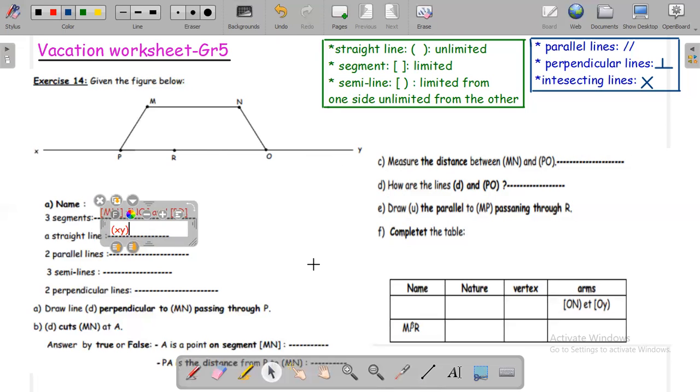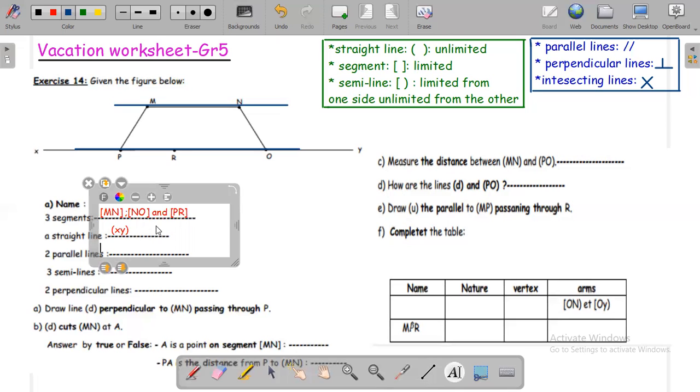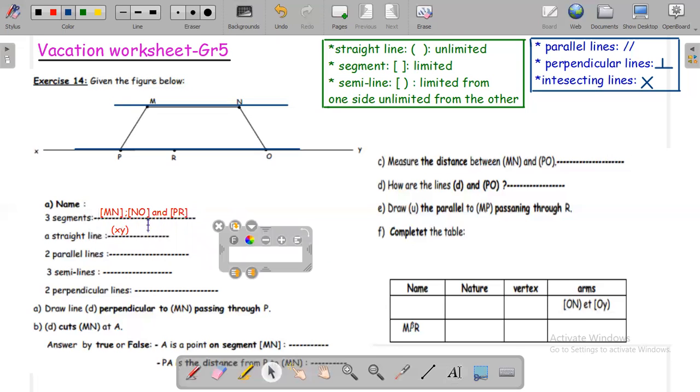Two parallel lines. Look here where we have two parallel lines. We have MN and PO parallel. They never meet. So (MN) between parentheses.